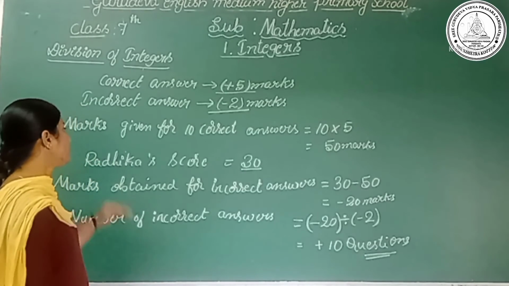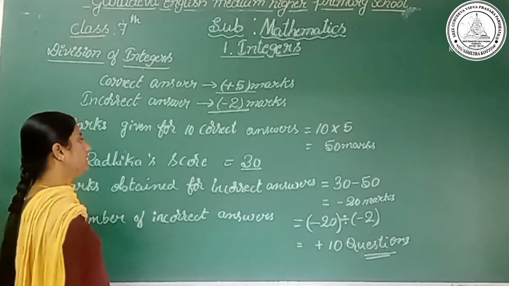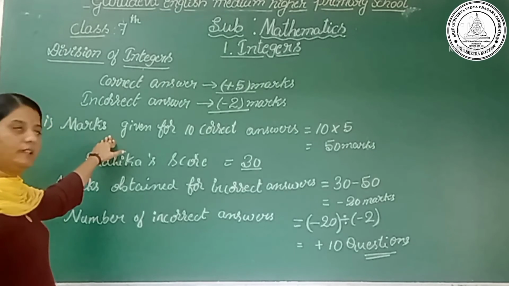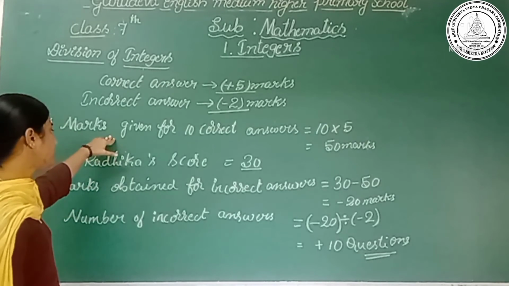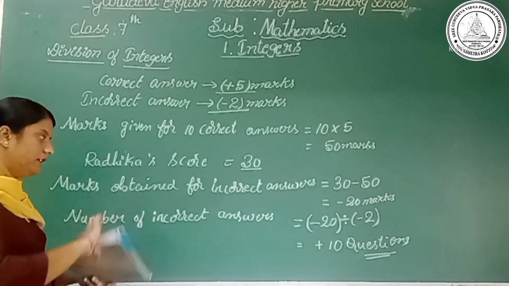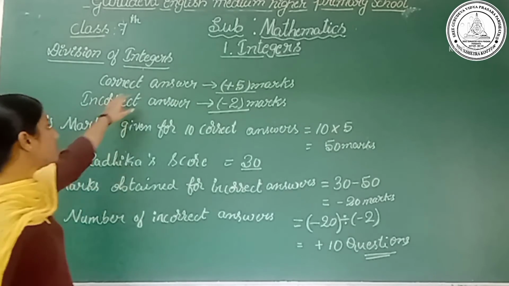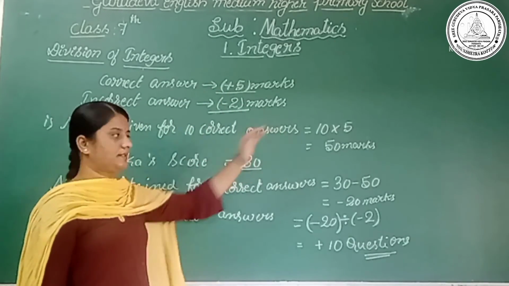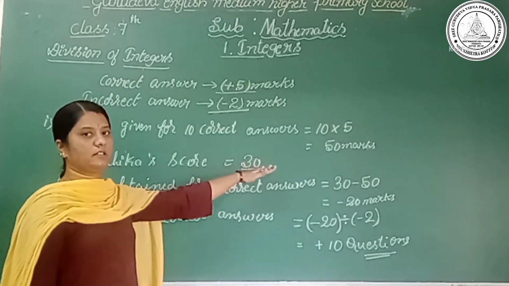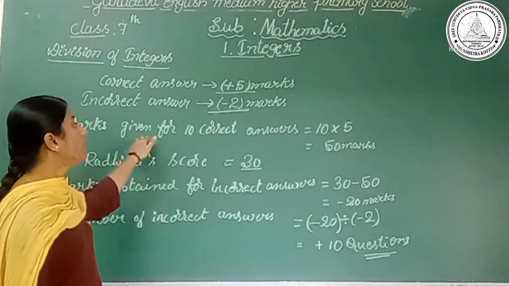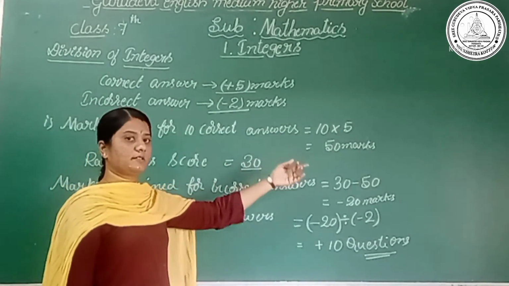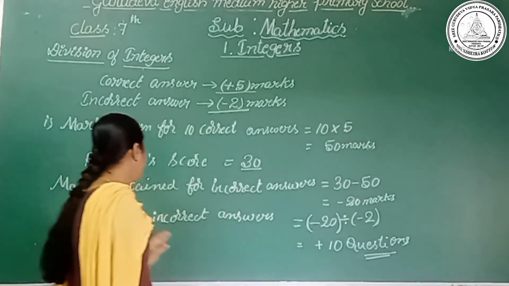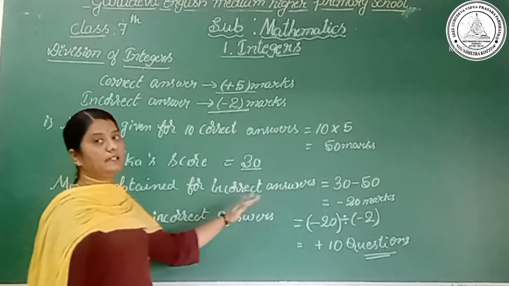Is it clear? So once again I will explain to you. Here Radhika scored 30 marks in a test. For every correct answer they give 5 marks. For every incorrect answer they give minus 2 marks, right? So if she gave 10 correct answers, what is her score? 10 into 5 is 50 marks. And the marks obtained for the incorrect answers, how much?